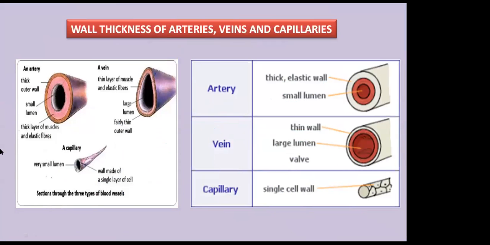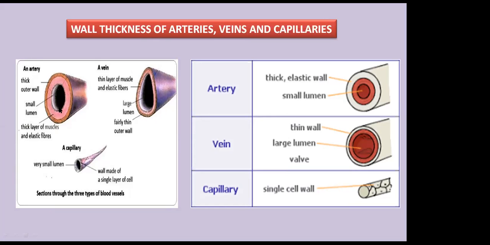Let's see the TS of arteries, veins and capillaries. Just now I told you the wall of the artery is thick when compared to the veins, because the artery wall is formed by more circular muscles, but the muscular wall of the vein is formed with fewer muscles.